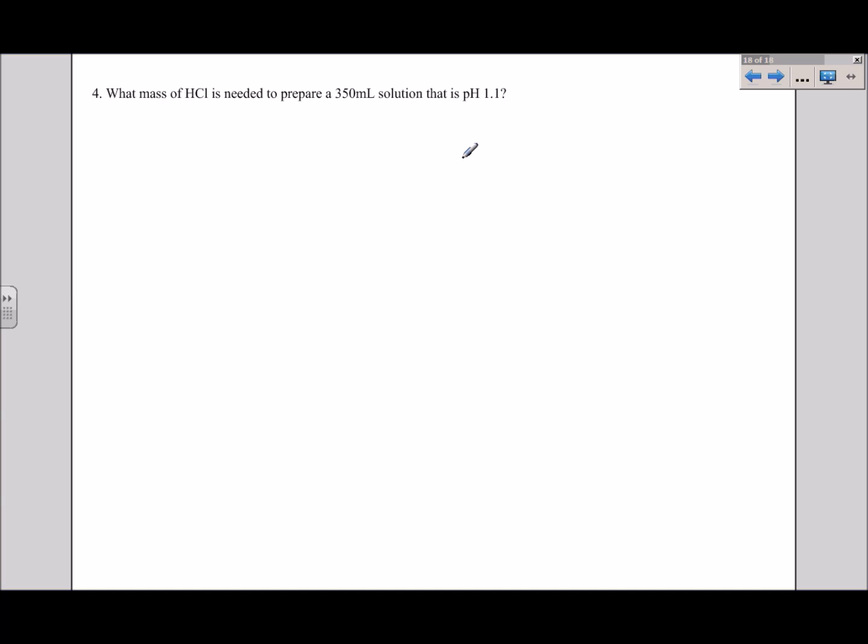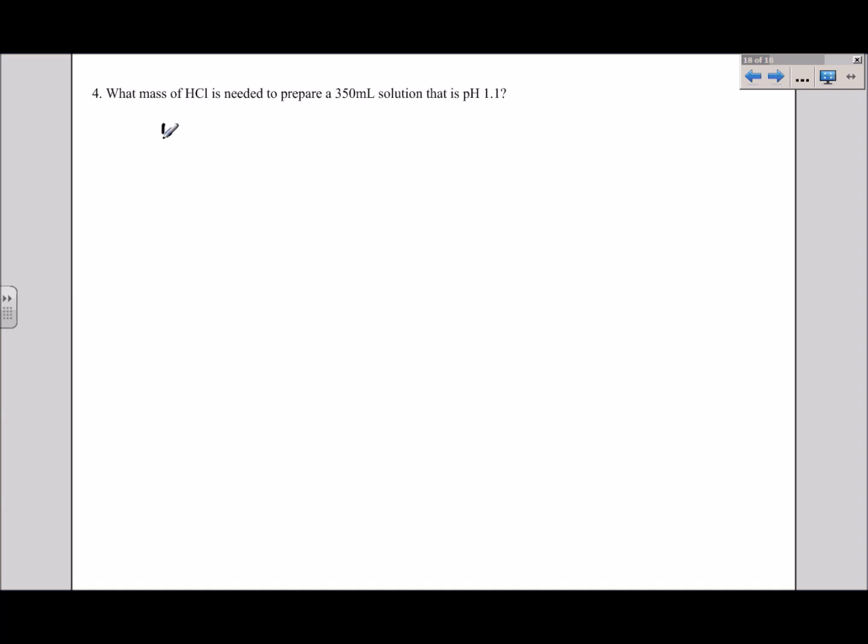And let's look at one more problem. What mass of HCl is needed to prepare 350 milliliters of a solution that is of pH 1.1? So in this case, I know the volume of my solution, and I know the goal pH of the solution, and I want to know my mass. So I'm actually going to need to do 3 steps to solve this.